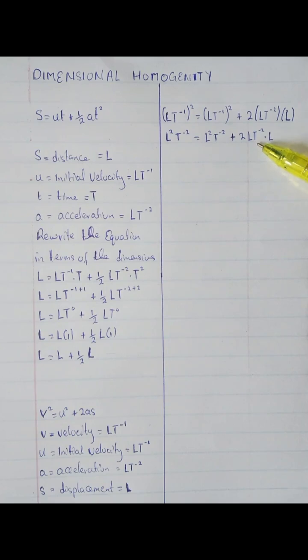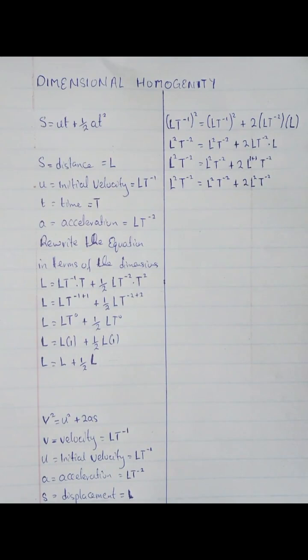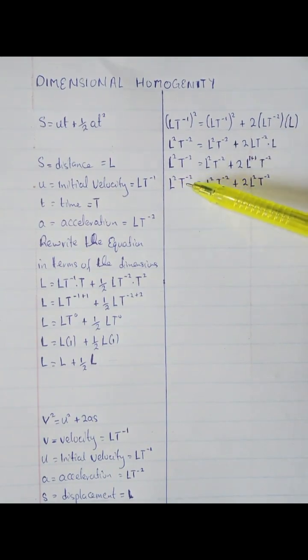So what is the power of L here? 1. What is the power of L here? 1. So 1 plus 1 will give us what? 2. So we are now having L square. So we have L square per t square equals L square per t square plus 2L square per t square.